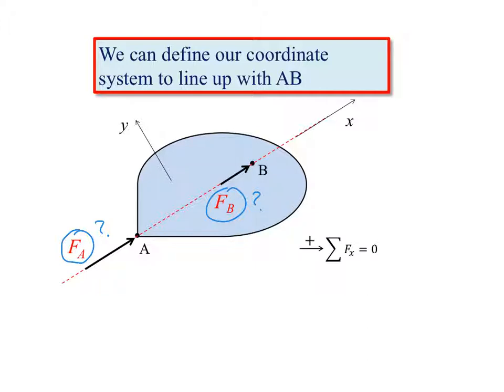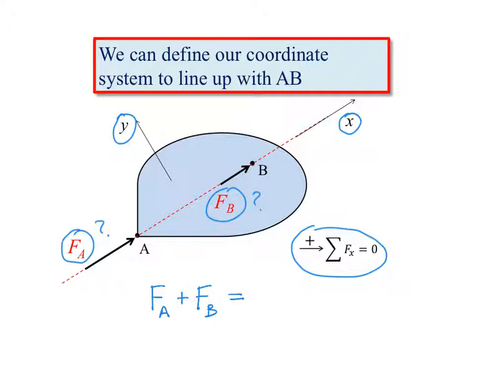It's convenient for us, in this particular case and in certain problems, to align a coordinate system in a preferred direction. In this case, let's line our coordinate system up so that the x-axis is along the line between points A and B, and then the y-axis is perpendicular to that. And so we'll look at force equilibrium in the x direction, or along the line between points A and B. So we'll write our equation of equilibrium in the x direction. So we have Fa acting in the positive x direction and Fb acting in the positive x direction.